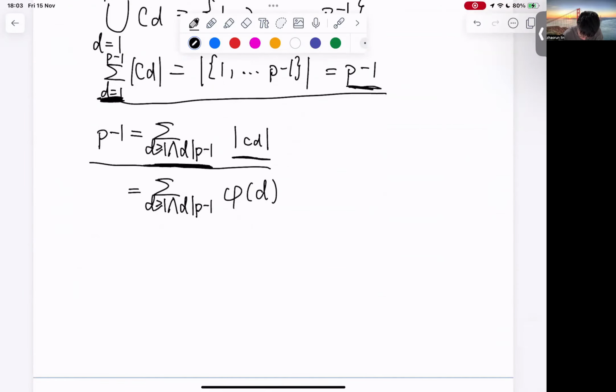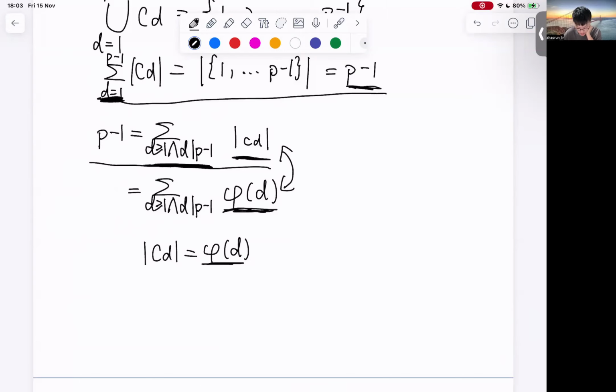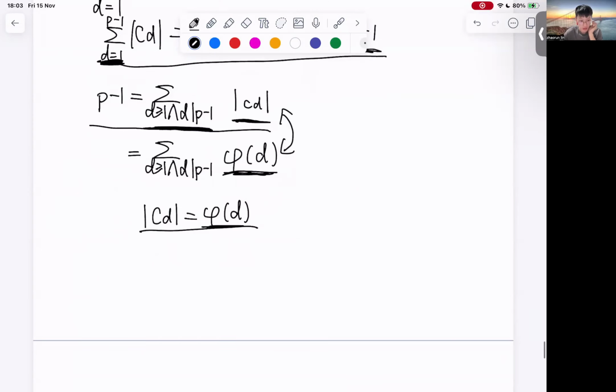So from here, the size of each such set C_d is just this value. Since both sums equal p minus 1, we have the size of C_d equals phi(d).